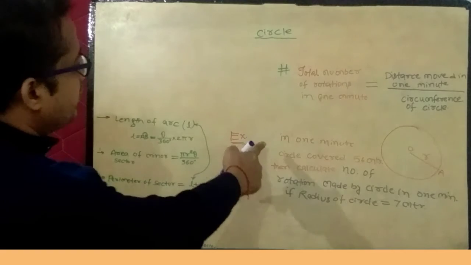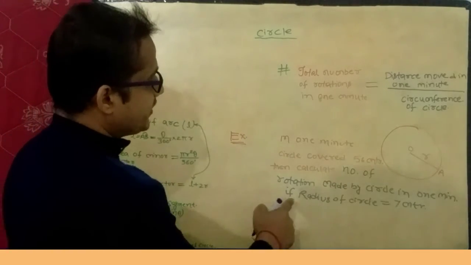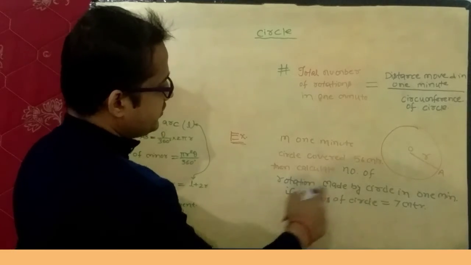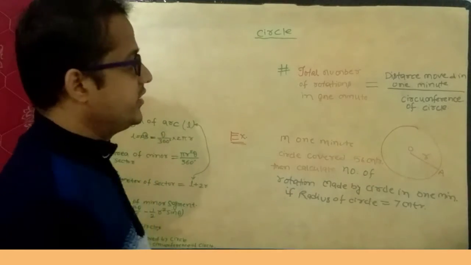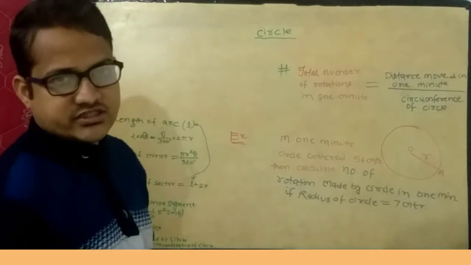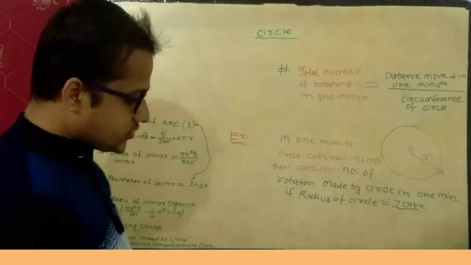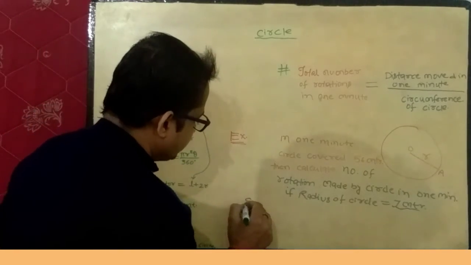So you have to calculate the number of rotations made by the circle in 1 minute. It is given that in 1 minute the circle is covering a total distance of 56 meter and the radius of the circle is 7 meter. So how will you solve this problem?